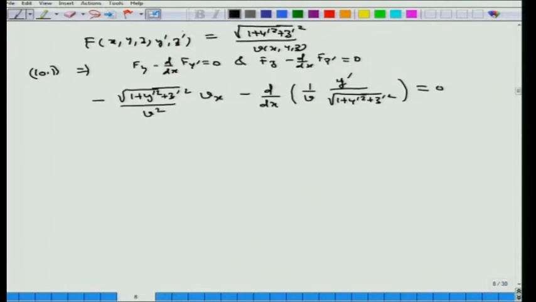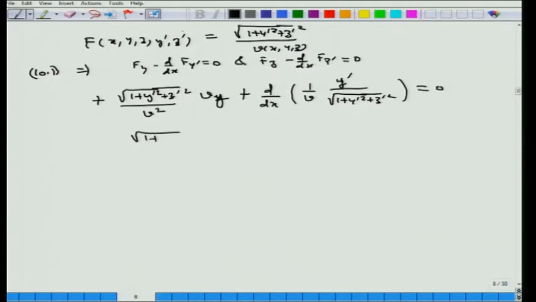We can multiply by minus and make it plus here. Similarly, the second one will give, sorry, this should be the y derivative v y.